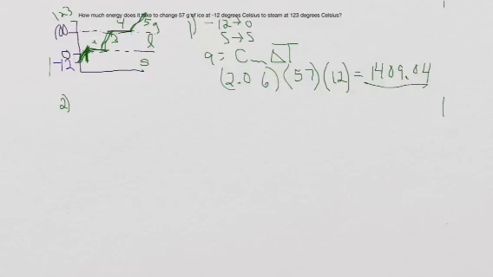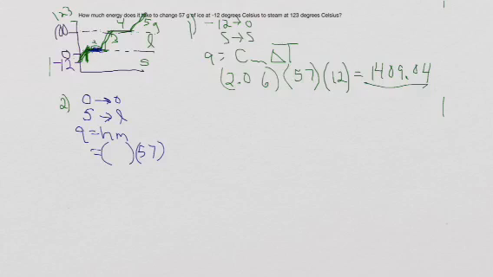Step 2, so that would be right there. I tried to make it blue. It starts at 0, and it ends at 0, so this time we're not changing the temperature, so we're changing the phase. So it's a solid right now, and we have to change it into a liquid. So that's Q equals Hm. So our mass is 57. We already said that would be in every step.